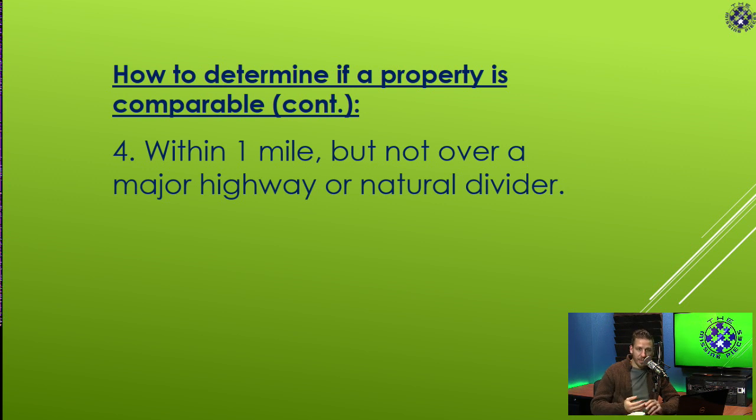Natural dividers are things like lakes, rivers, canyons, things where you have to drive around to another area, and it's completely out of the way. If you're local to the markets, you will really know if one area is different from the other. If you can't jump over Owens Avenue because it's a completely different neighborhood on that side of the street, don't take your comps from the other side just to get a higher value. You have to look where your buyers are looking, and that's typically within a tight range, within a mile.